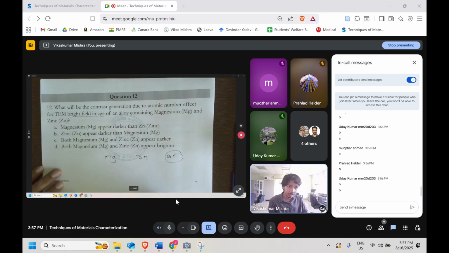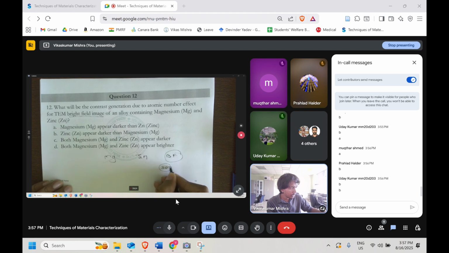The answer is right. It's very good. Now, what is the point of difference between the zinc and the magnesium? They differ by the atomic number. The atomic number of zinc, I think, is 30, and Mg is 12. So this is more.